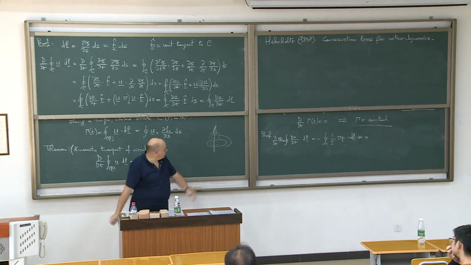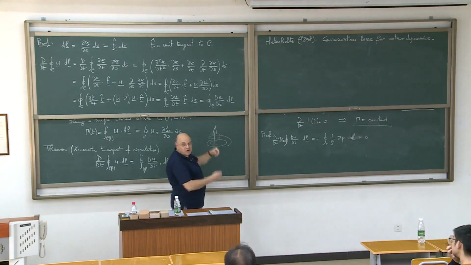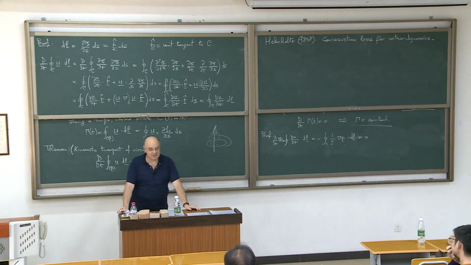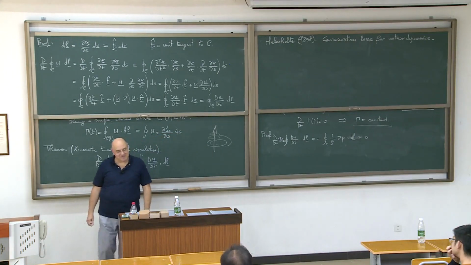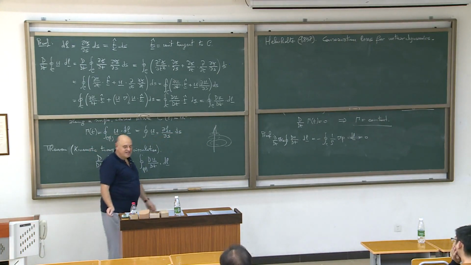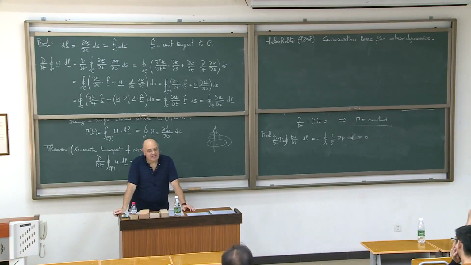Clearly, if you go many times around before closing itself, you have to count the contribution of the field through the surface many times. So you have a linking number. You are anticipating what I'm going to say in 2 days' time. You have a linking number that comes up.